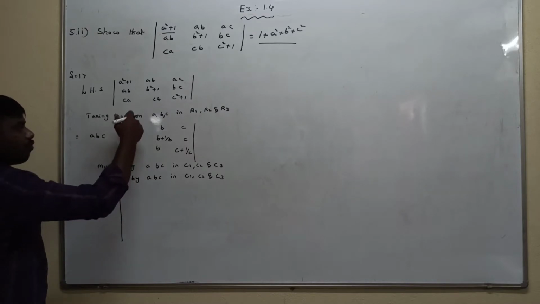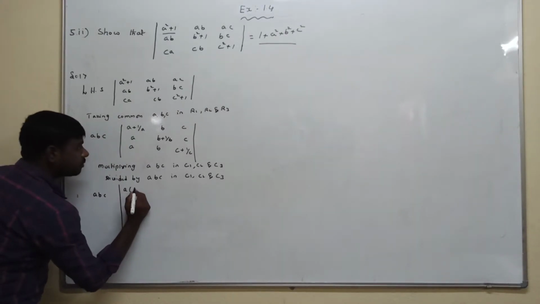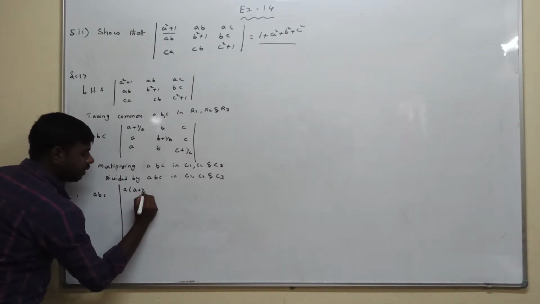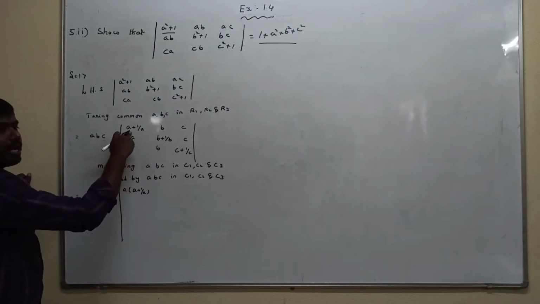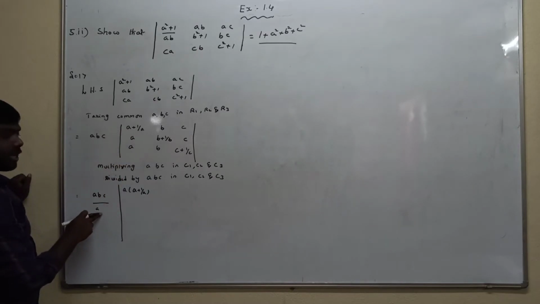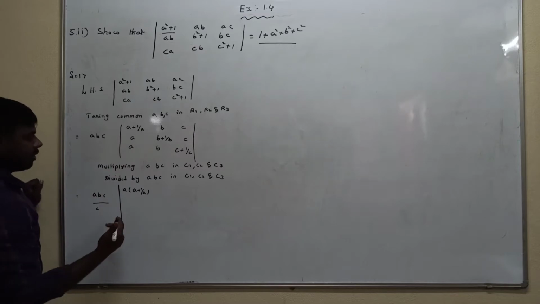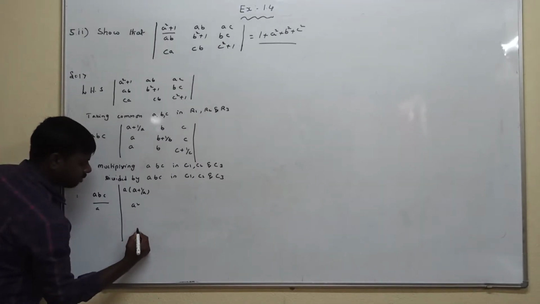Dear friends, first column multiply with A divided by A. That's why divided with A is written outside, multiplied only inside the determinant. So A square.